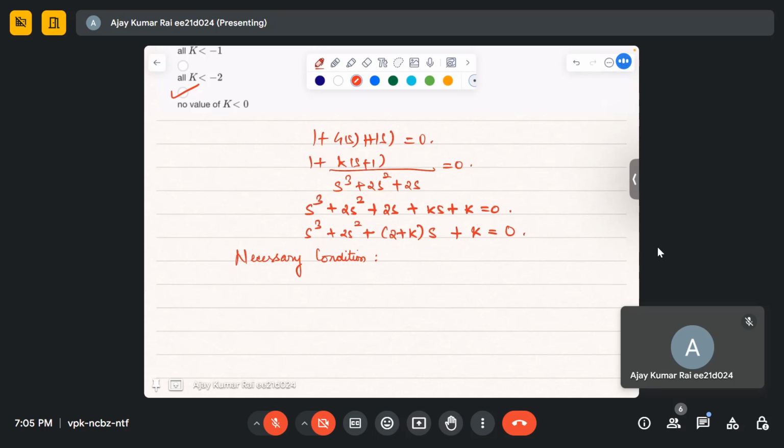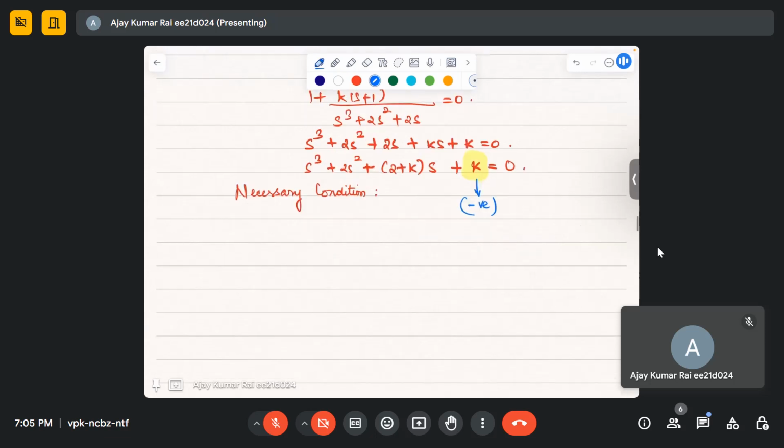But we know k is negative, so our necessary condition is not met. Whatever the value of k, it is negative.